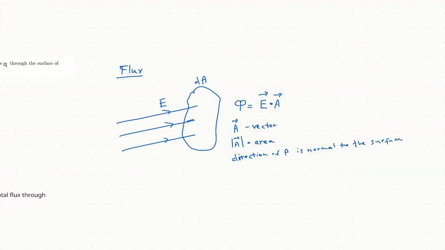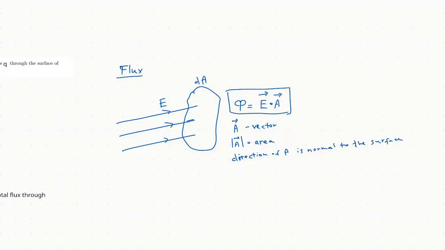And that becomes really useful. In simple words, you could understand it as how much electric field is passing through an area. You can say how many field lines, although you can't really count field lines, but that's the effect of it.